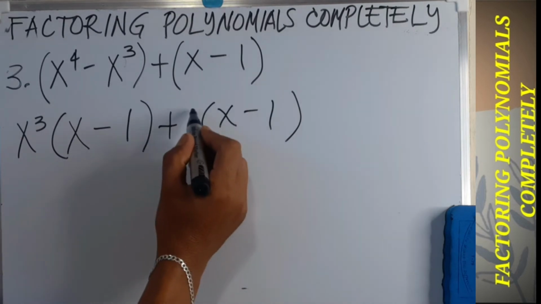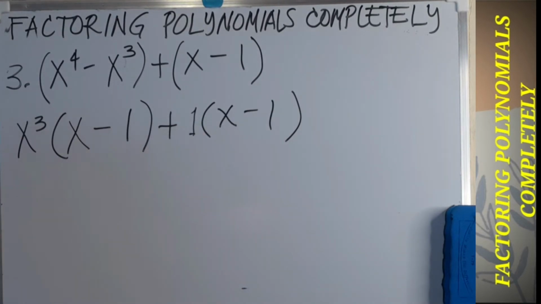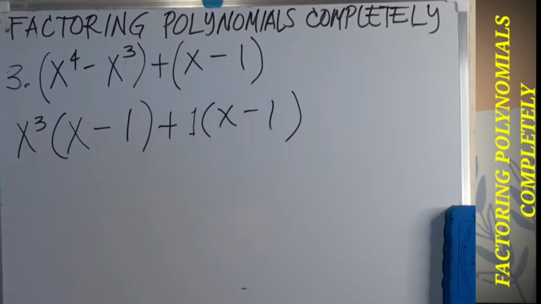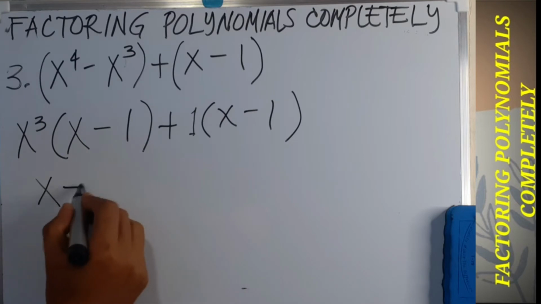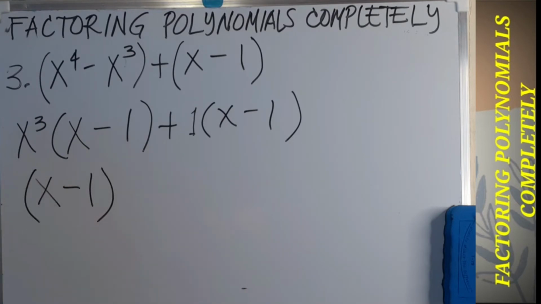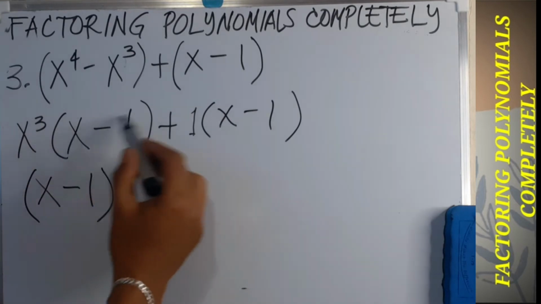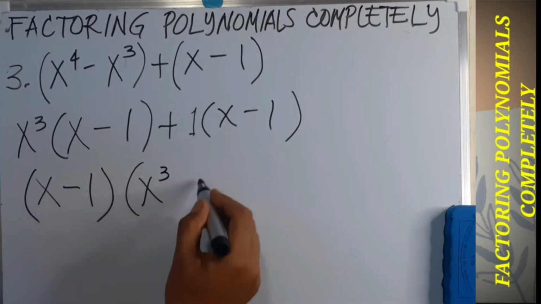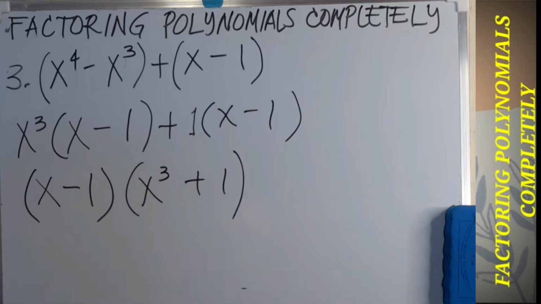Again, we know that there is an imaginary 1 outside. We notice that x minus 1 is common, so x minus 1 will represent the first factor. If we remove x minus 1 there, remain is x cubed plus 1.